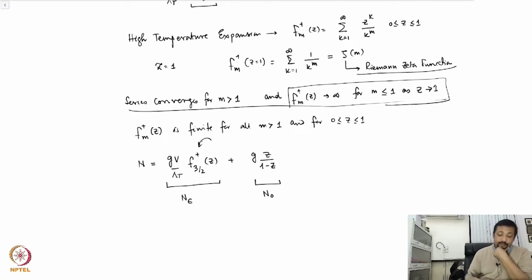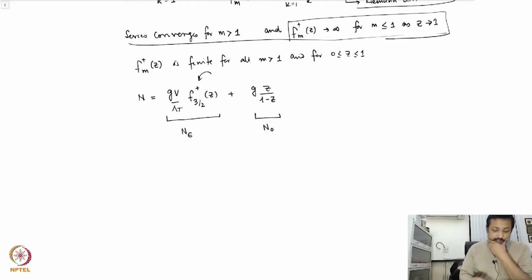So the first term represents the particles contained in the states other than the ground state. But now we have clearly seen that this term is limited by this function. And for a Bose gas, there is a limit on values of z, that is z must be greater than or equal to 0 and less than or equal to 1.